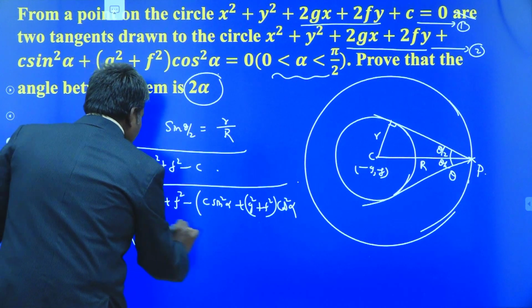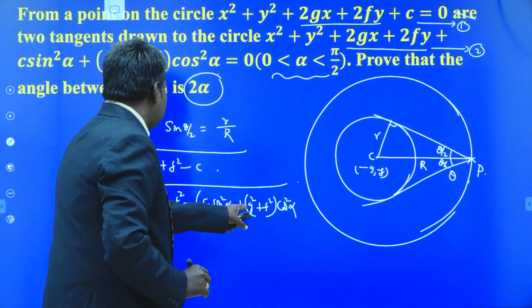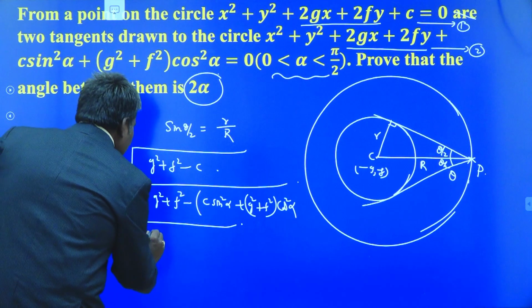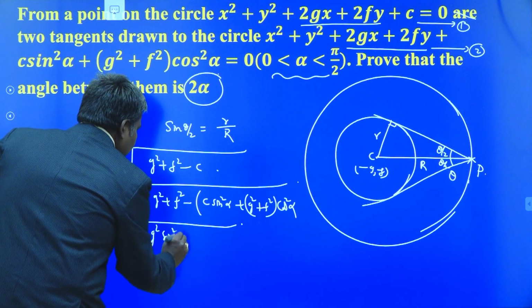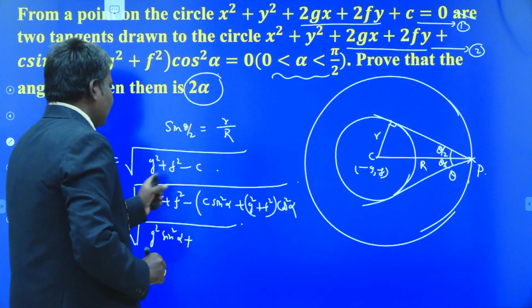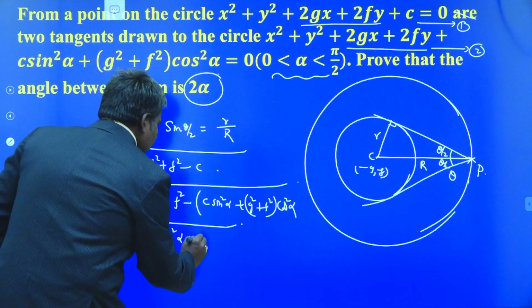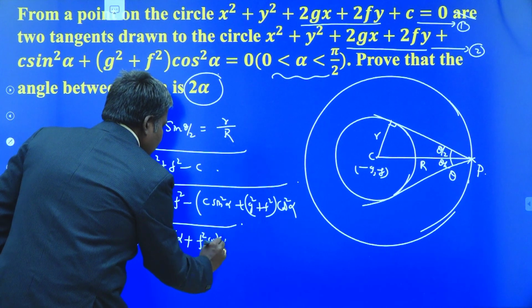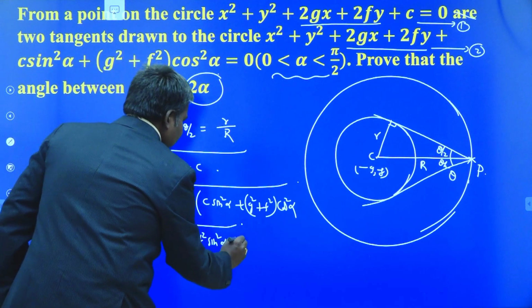This is nothing but the square root of g square minus g square cos square alpha, that is g square sin square alpha, plus f square minus f square cos square alpha, that is f square into 1 minus cos square alpha, f square sin square alpha, minus c sin square alpha itself.